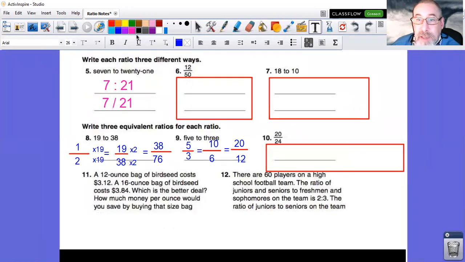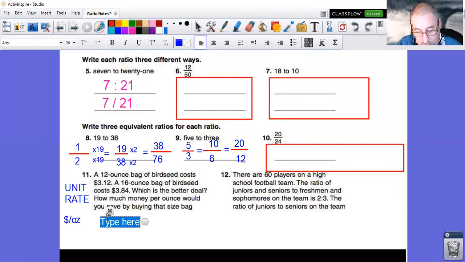So this is an example of unit rate. This is a unit rate problem. And it's real simple, the way to solve it. We're going to put our money over our ounces, and we're going to divide to get it to a 1 ounce rate.